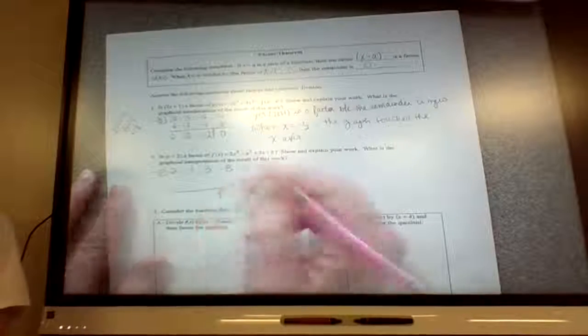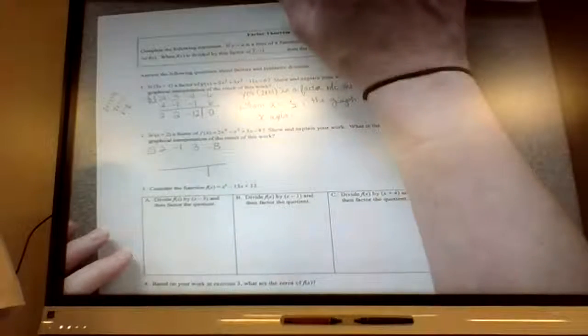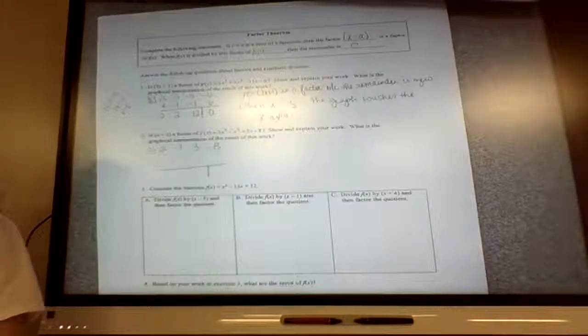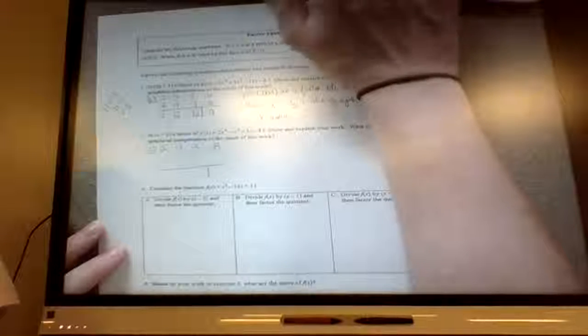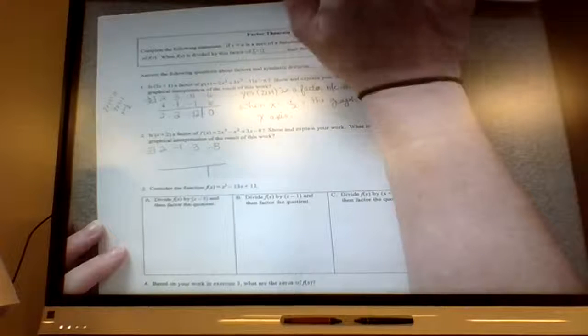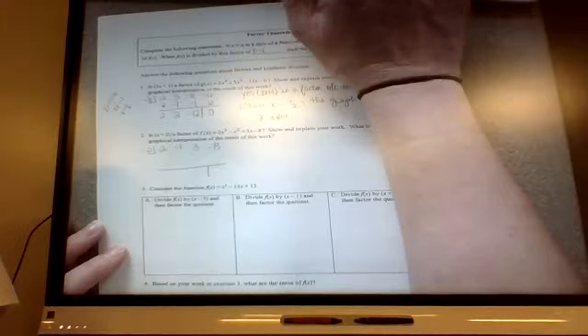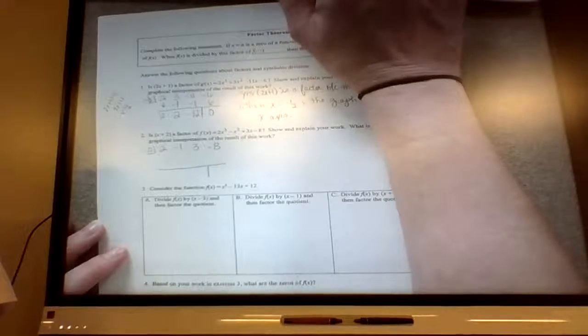And tell me if x plus 2 is a factor of f of x. No. Why not?